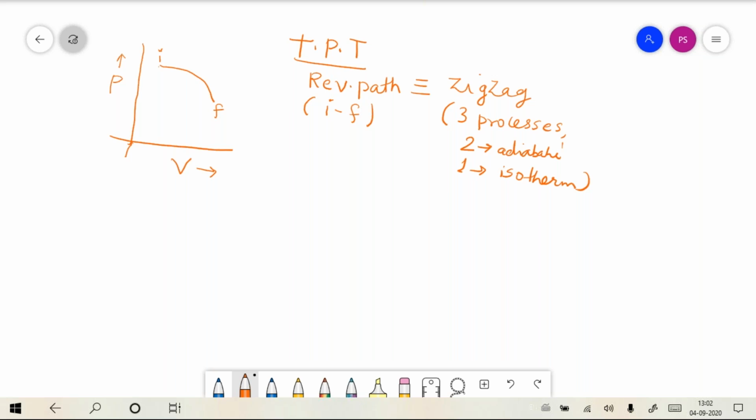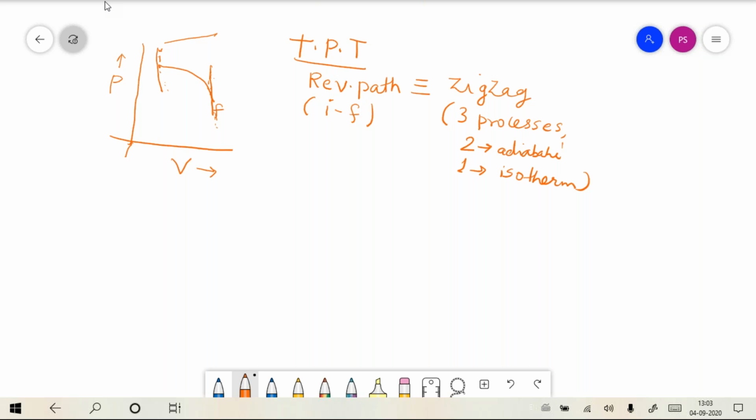So let me draw adiabatic lines. So let us say this is adiabatic, this is adiabatic. Okay, right?